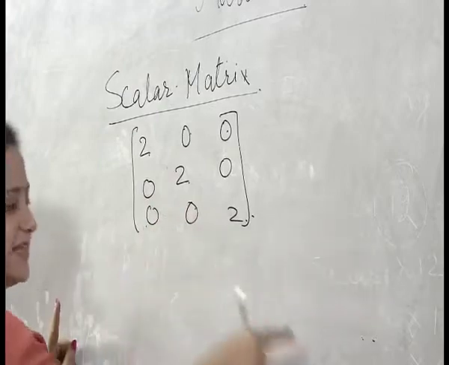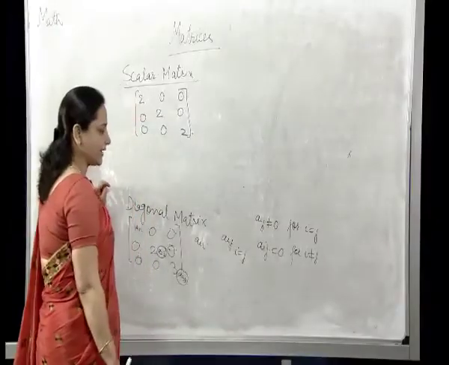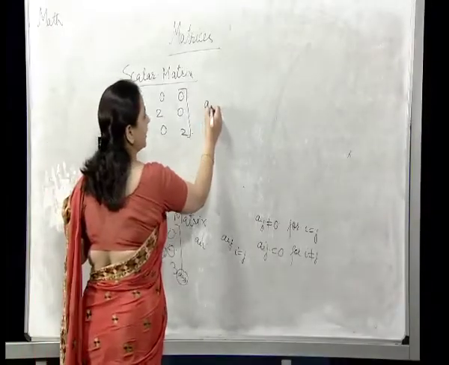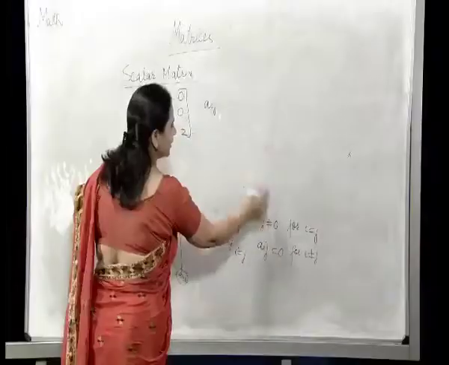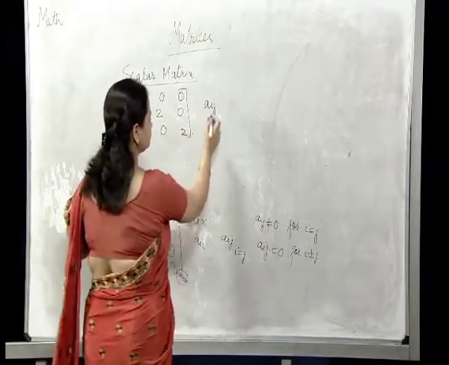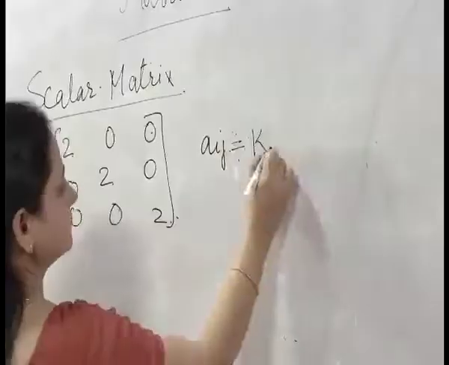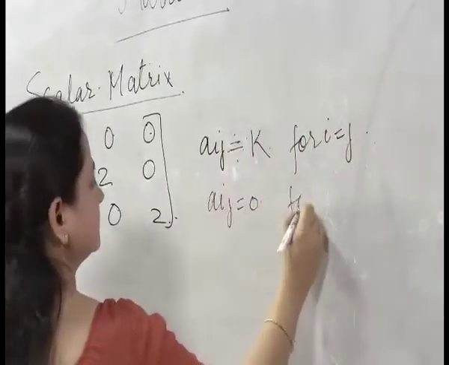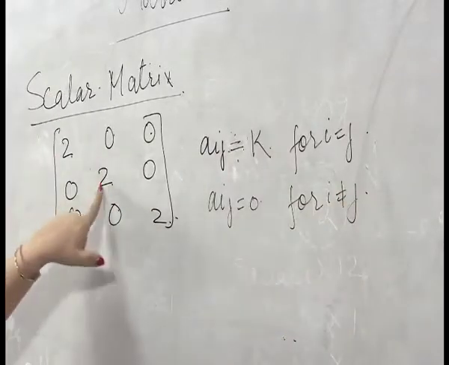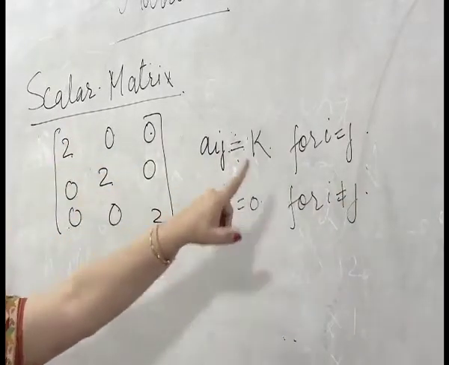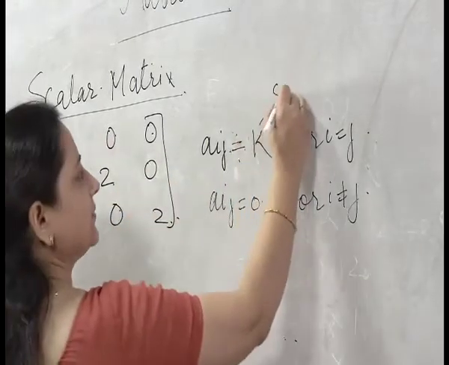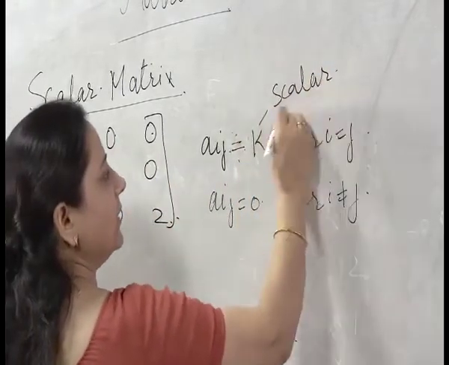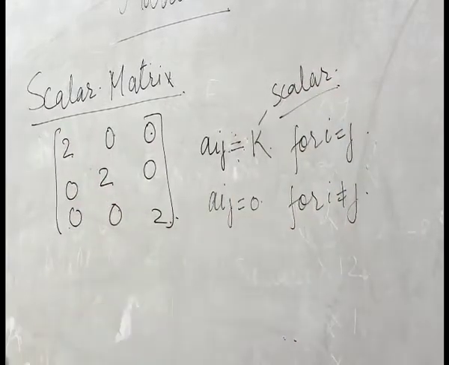So, we write it the same way we defined the diagonal matrix: Aij is equal to k for i equal to j. That means k is any scalar.